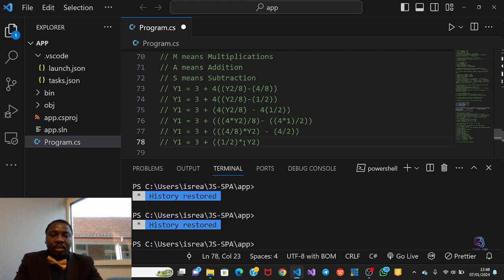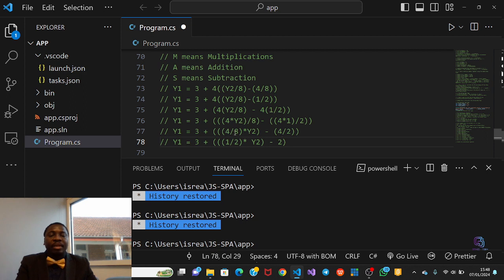Let's put them into a bracket, another bracket, then minus 4 divided by 2 is 2. So we got this, 4 divided by 2 is 2.